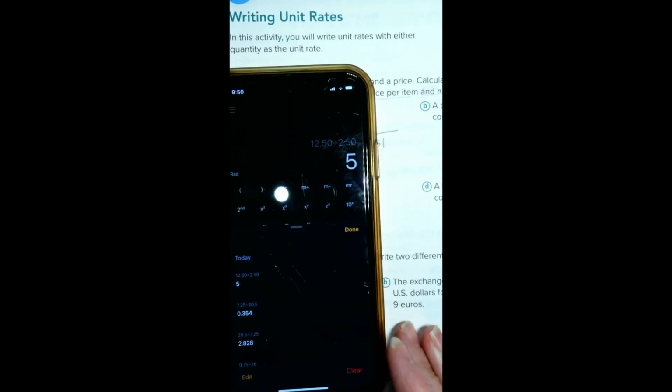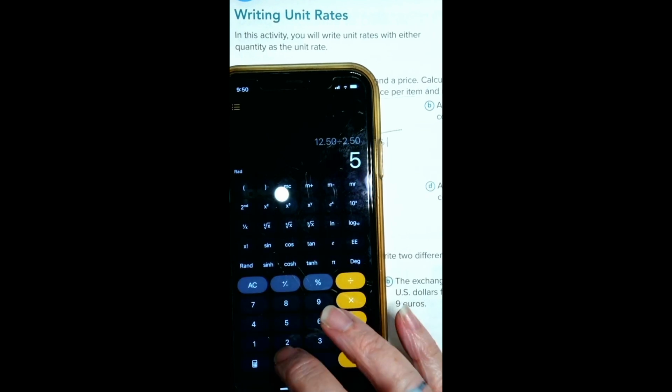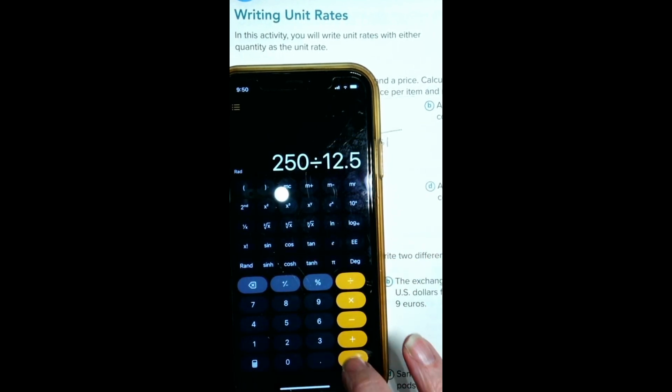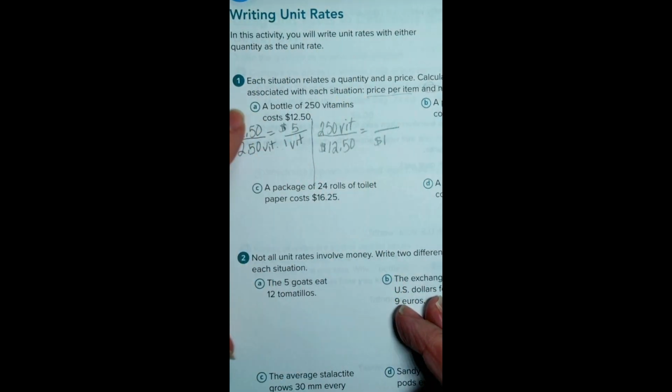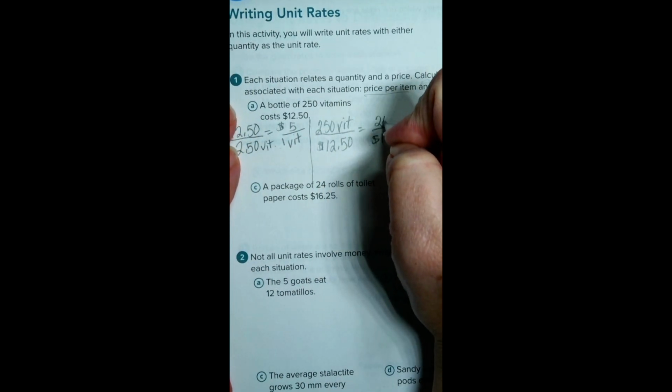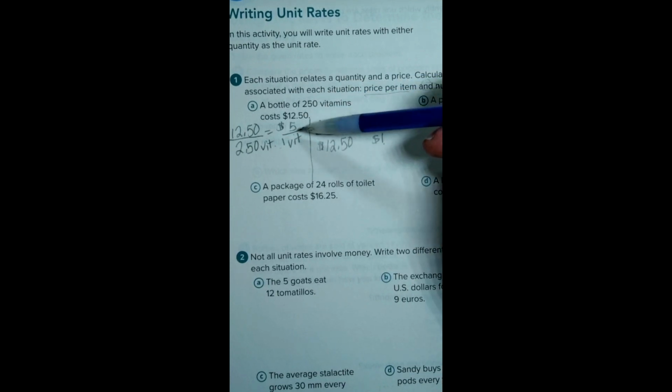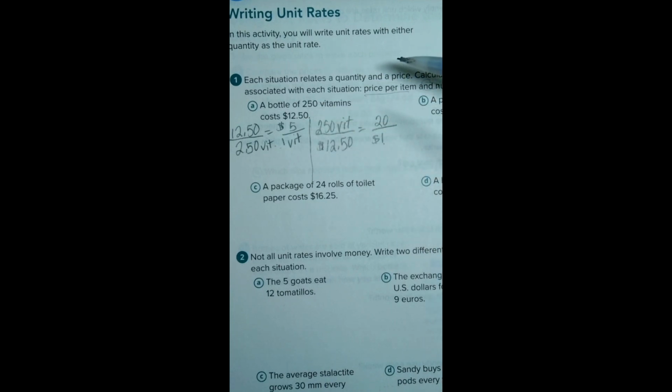So 250 divided by 12.50 is 20. So we're going to get 20 vitamins per dollar. So which one kind of seems more logical for us to think about? Do we really talk about how many vitamins we get? This doesn't make sense. I'm going to pause.